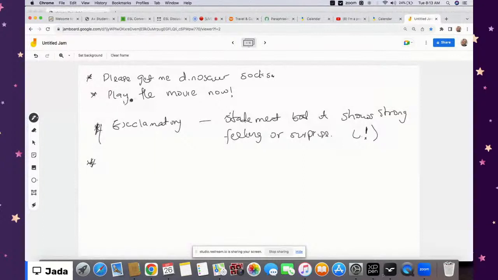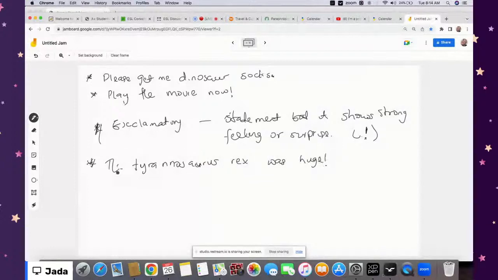All right, so we can have the Tyrannosaurus Rex was huge. So we can have this one. Tyrannosaurus Rex was huge.